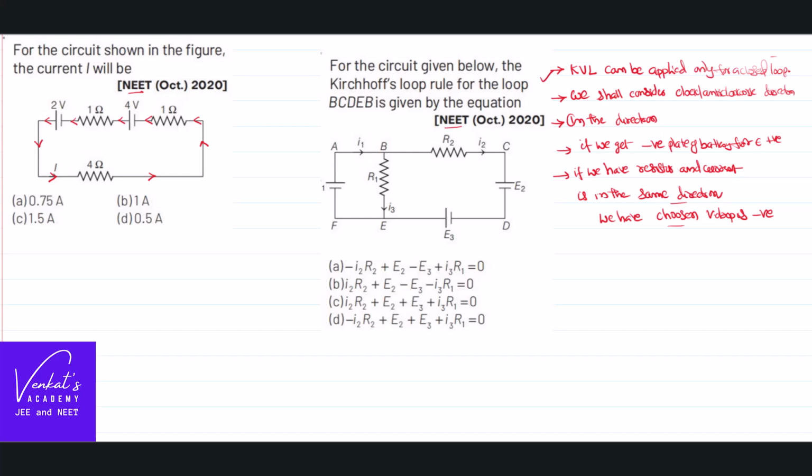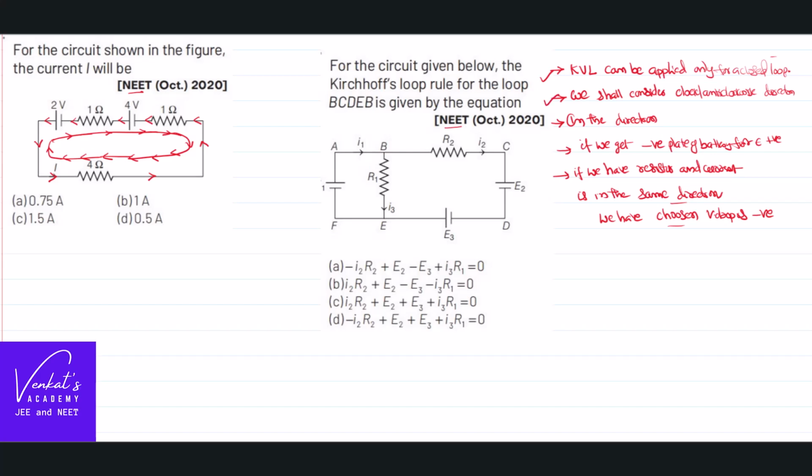Then we shall consider either a clockwise direction or an anti-clockwise direction. For convenience, anything can be chosen. Let us choose a clockwise direction like this. You can choose any direction. So, we have chosen a direction, second is also satisfied.